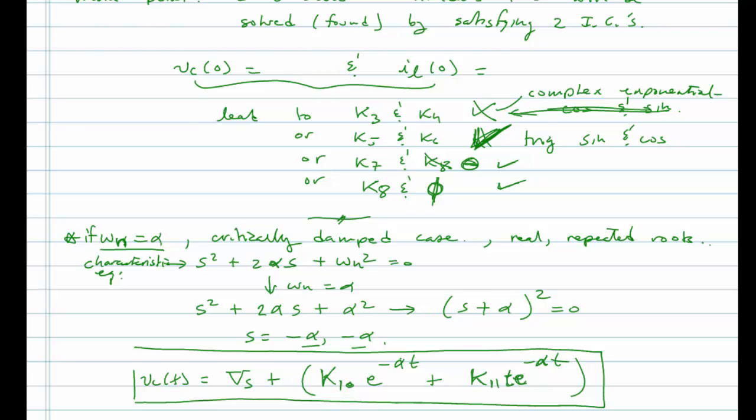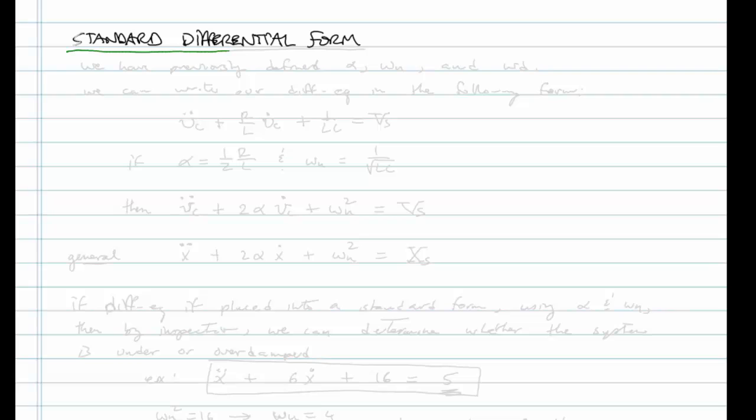All right, I'm now going to move on to the next page where we're going to look at standard differential equation form, which will serve us well when we look at a parallel RLC circuit. So we want to put the differential equation for the series RLC circuit into standard form.